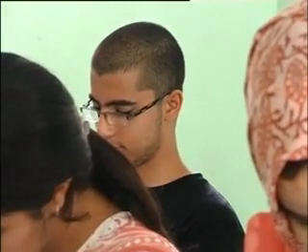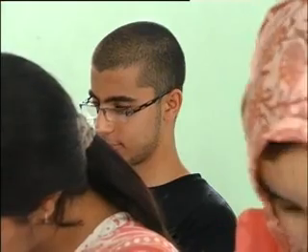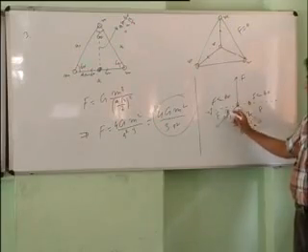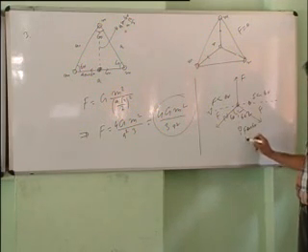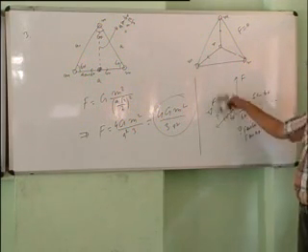This will be F cos 60. Sorry, this is F sin 60 of this F. If I resolve this into components, this F will be F cos 60 and this will be F sin 60.